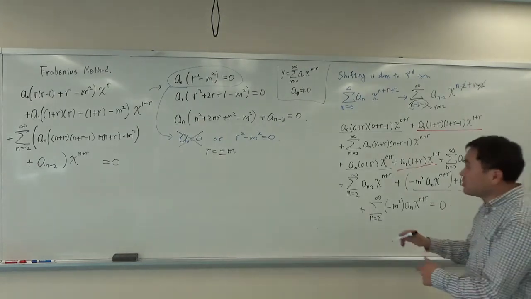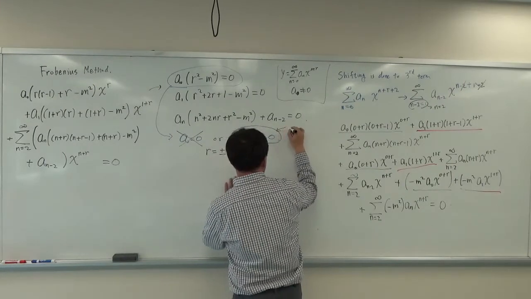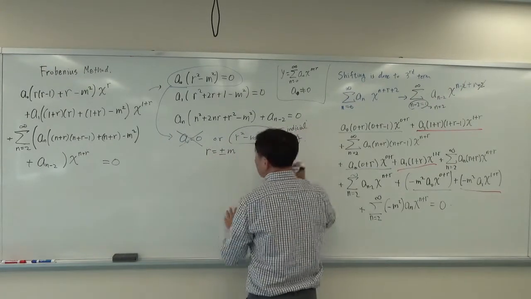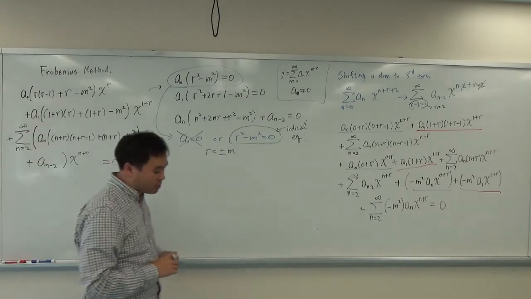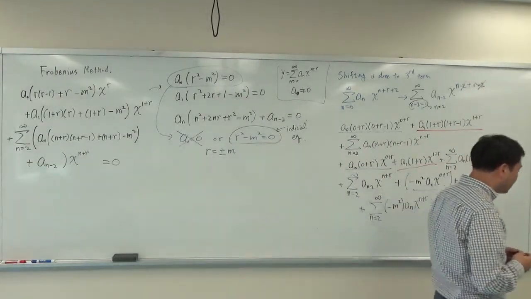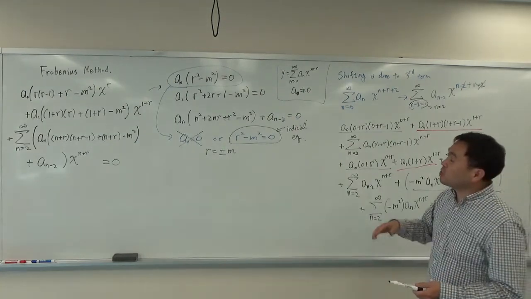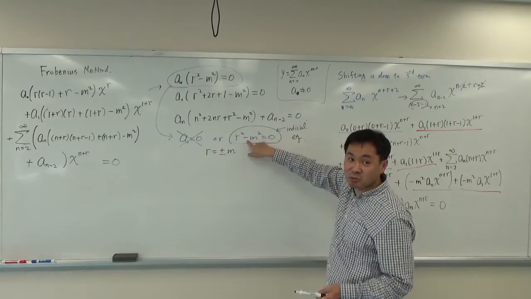And this one here is what's called the initial equation. There's actually a separate formula for it. If you watch videos on the Frobenius method, in many cases, before doing the computation, they'll start by solving the initial equation.